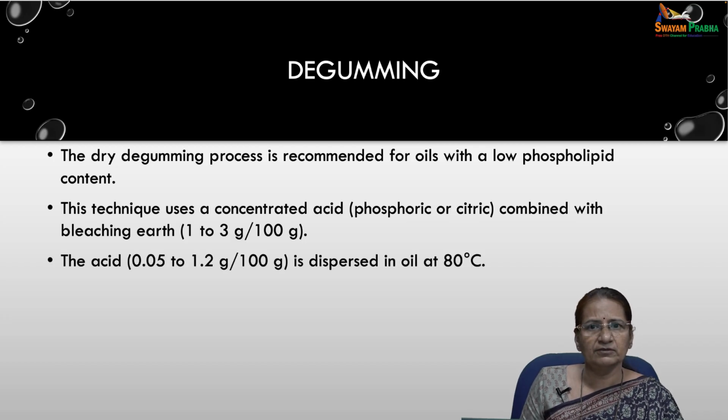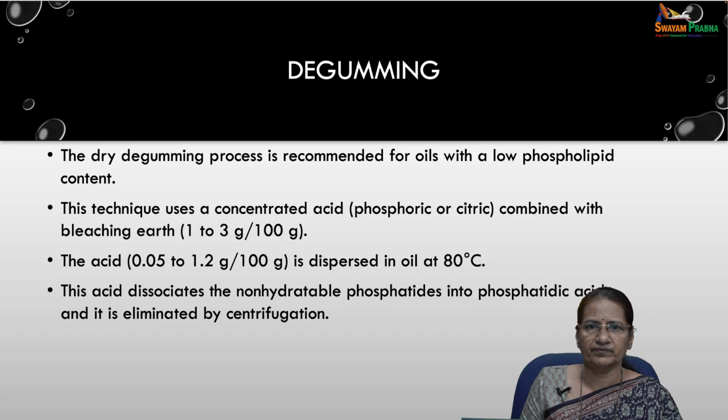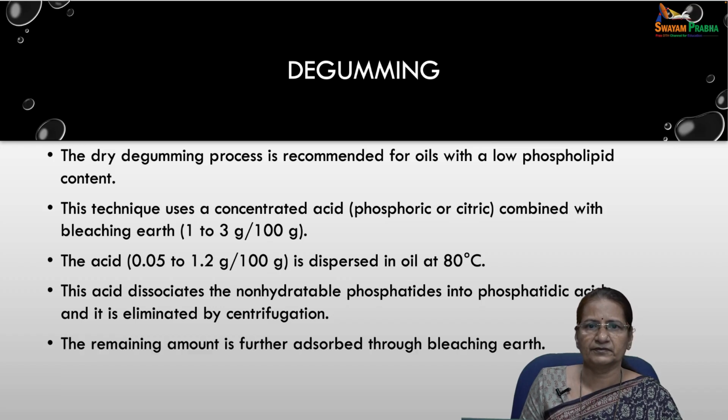The acid, 0.05 to 1.2 grams per 100 grams, is dispersed in oil at 80 degrees centigrade. This acid dissociates the non-hydratable phosphatides into phosphatidic acid, which is eliminated by centrifugation. The remaining amount is further adsorbed through bleaching earth.